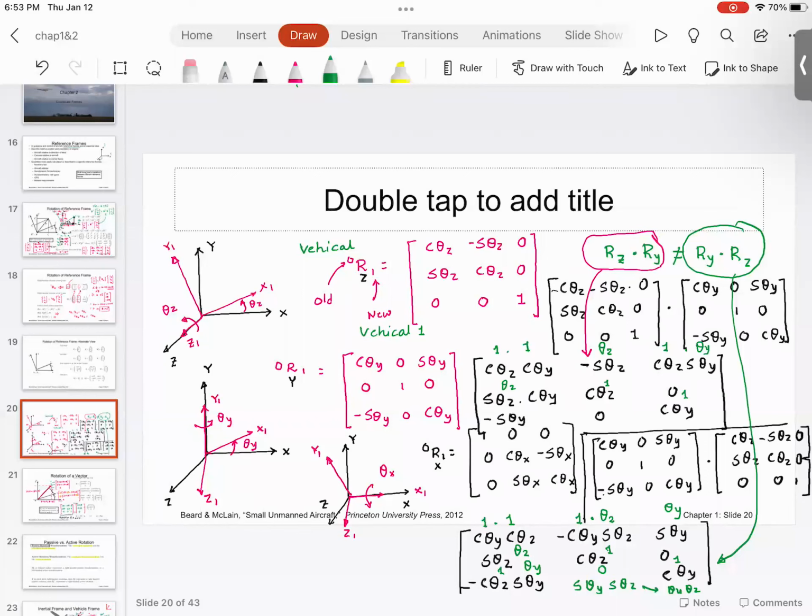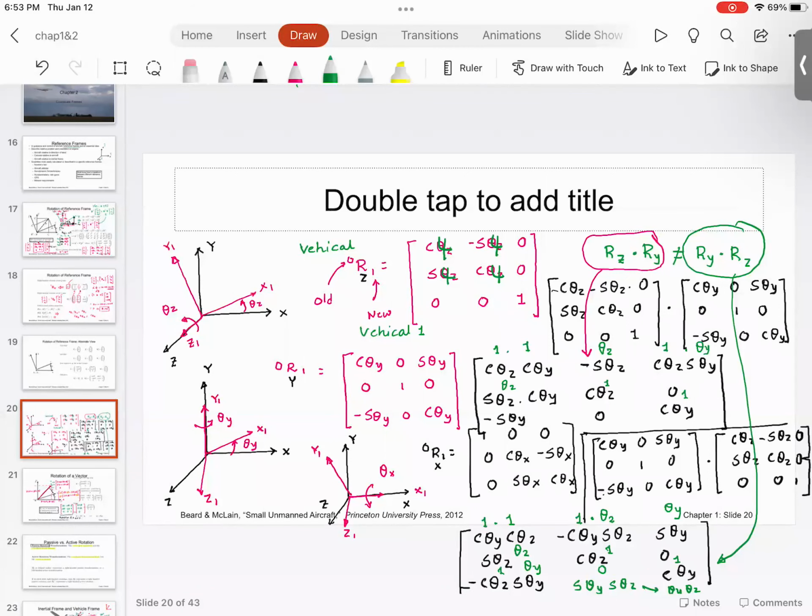Are you with me so far? This rotation matrix is absolutely important, so pay attention. Since the aircraft is yawing, yaw is the positive rotation about z. So I would write this with psi in each entry. Do you agree with me?